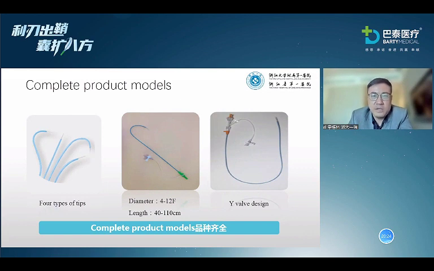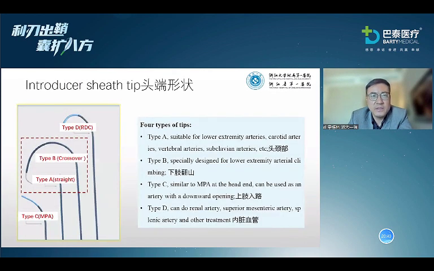For diameters, we have from 4 French to 12 French, which can satisfy most of our clinical needs. As for the length, 40 to 110 centimeters. There are ones with a Y valve and those without, a very complete product portfolio. For clinical use, it covers different scenarios.